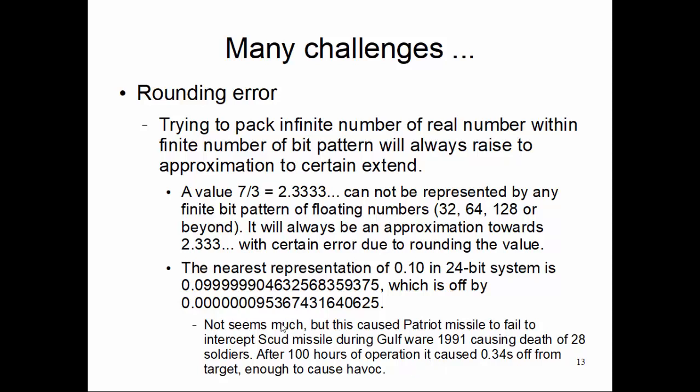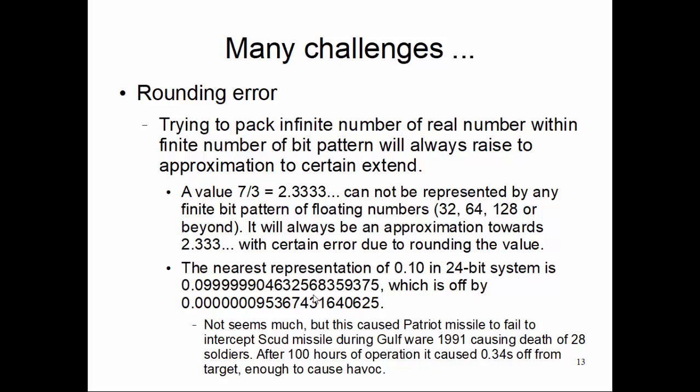But in a real system, if this rounding error is accumulated over time, it can deviate your result from the target, which was observed in the case of the Patriot missile failure to intercept the Scud missile during Gulf War 1991, causing the death of 28 soldiers, right?